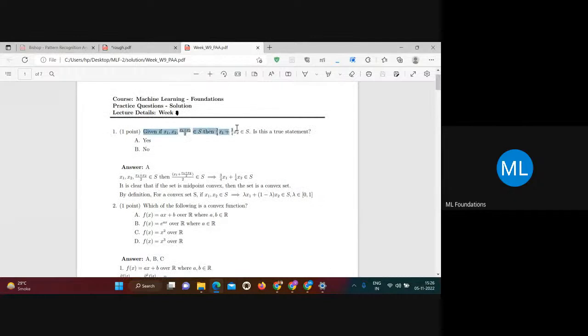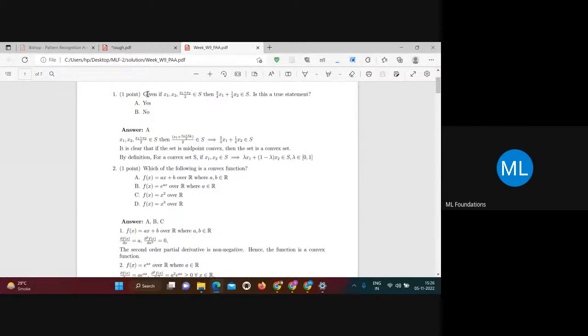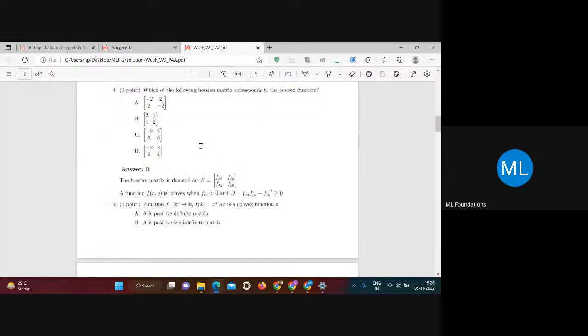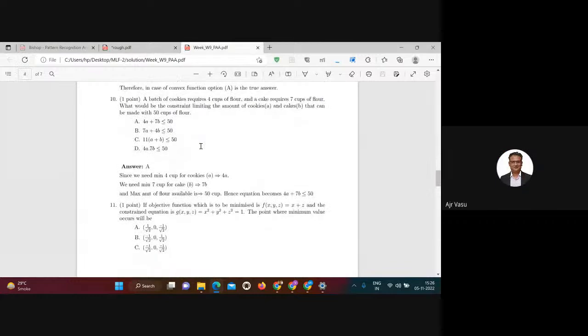Yeah, this is fine. Did somebody solve this one, the first one? No, not yet. Okay, the practice assignment you have not solved. Okay, so which problem were you asking about? The ninth one, right? Yes, similar problems.